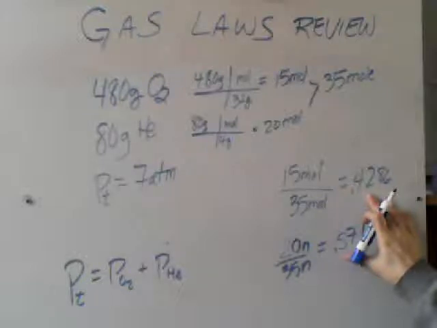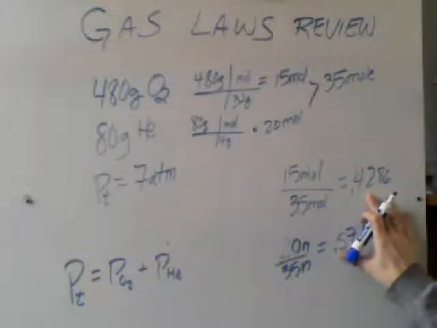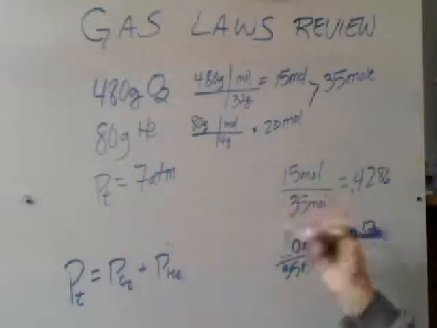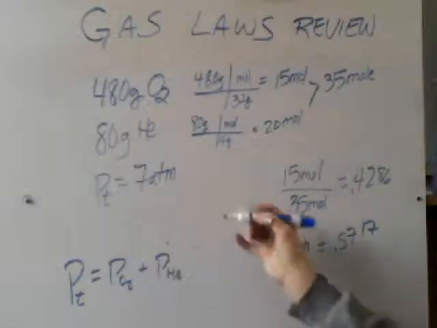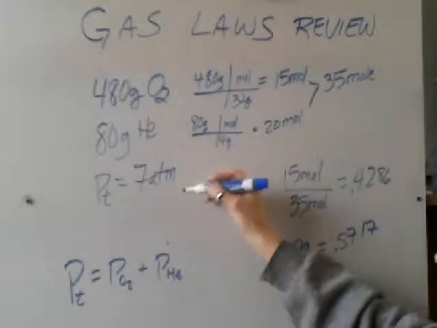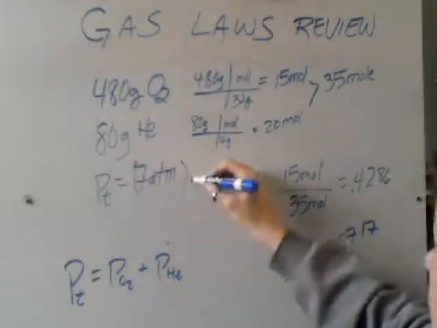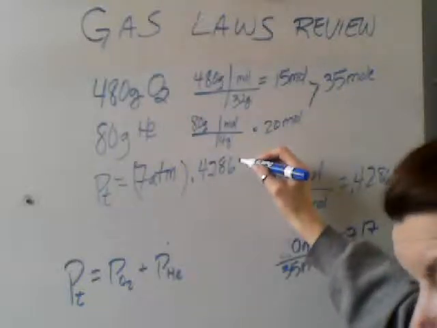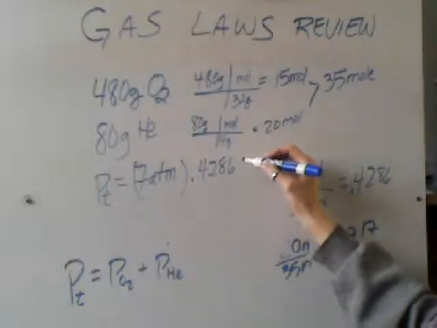So that applies to the mole volume and also to the partial pressure. Since we're given the total pressure in atmospheres, we can multiply that by 42.86%, and we can find that the partial pressure for oxygen is going to be 3 atmospheres.